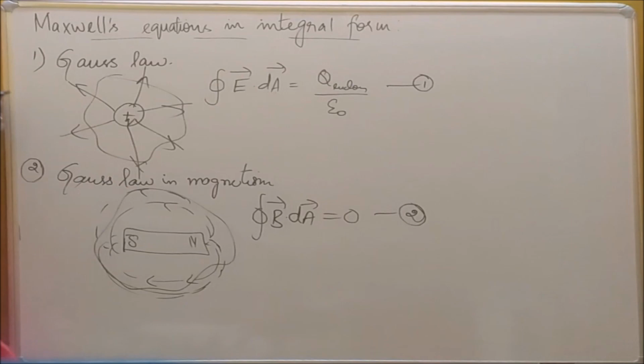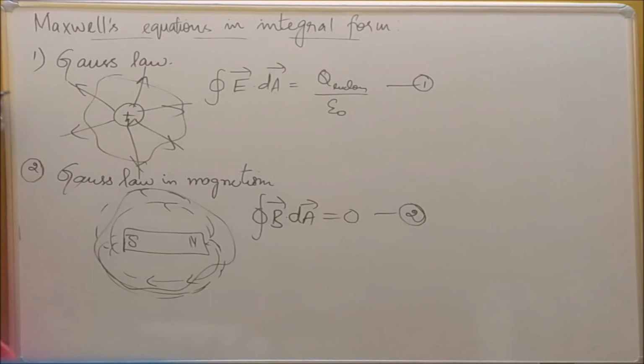The second equation has no name, but it is similar to Gauss law, so we name it Gauss law in magnetism. Here we consider a magnet. It has two poles, north pole and south pole. This magnet could be placed in any arbitrary surface, right?